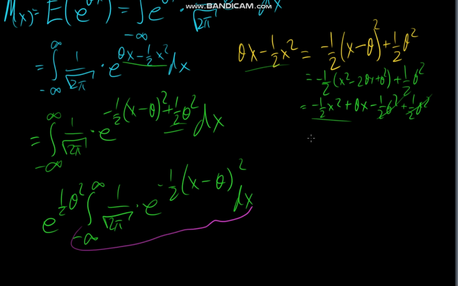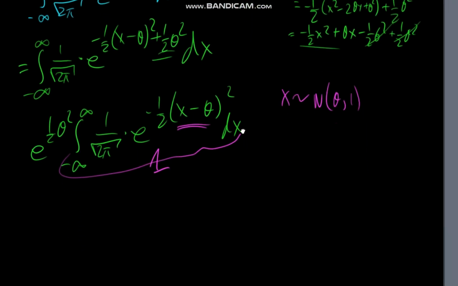I claim that it is just equal to 1, because what essentially we have here is a variable x which is normally distributed with the mean of theta and variance of 1, and we take the integral over its density function, which will give us 1.